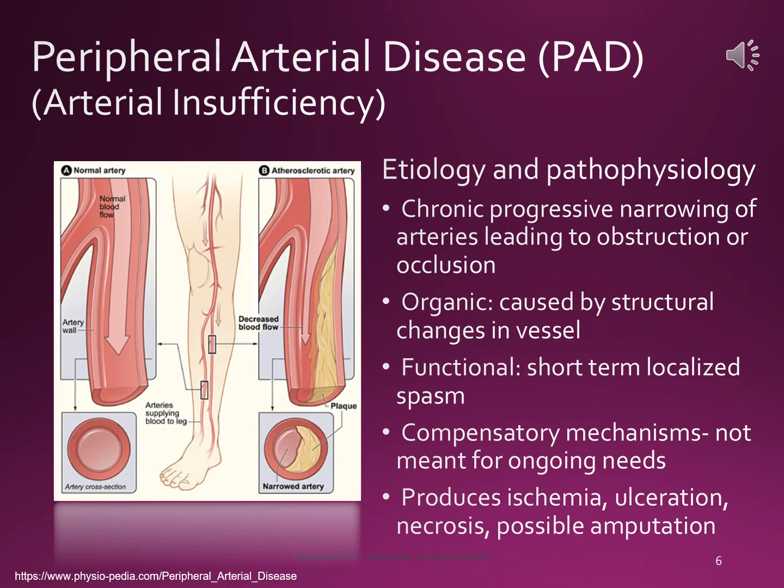Now, your body does have compensatory mechanisms such as peripheral vasodilation and anaerobic metabolism, and these are not meant for ongoing needs. Your body also can develop collateral circulation, both in the heart muscle and in your skeletal muscles, and you can get the growth of vessels that grow around the occlusion to help supplement the oxygenation to those tissues.